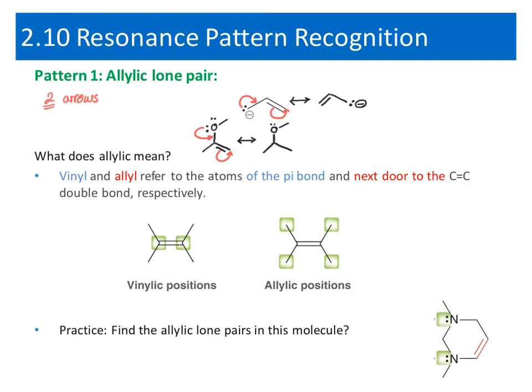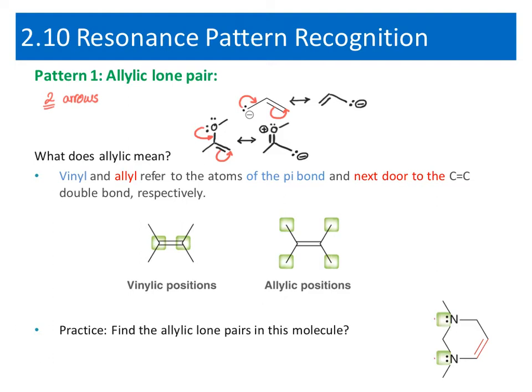I draw that. This is the double bond, and then I move the double bond to make a lone pair of electrons. Then I need to calculate the formal charges, and the formal charge on carbon would be -1, and on oxygen, with 3 bonds and a lone pair of electrons, is +1.